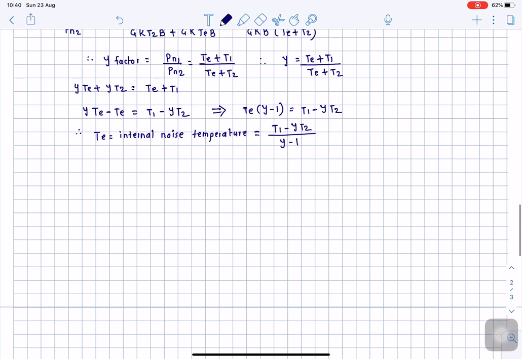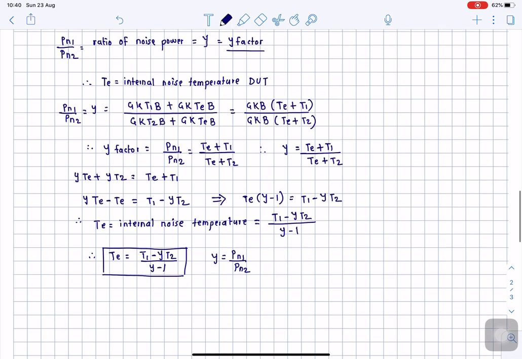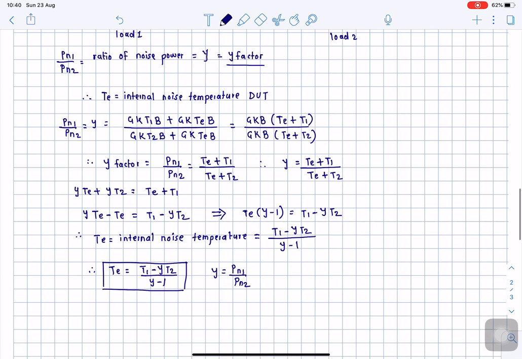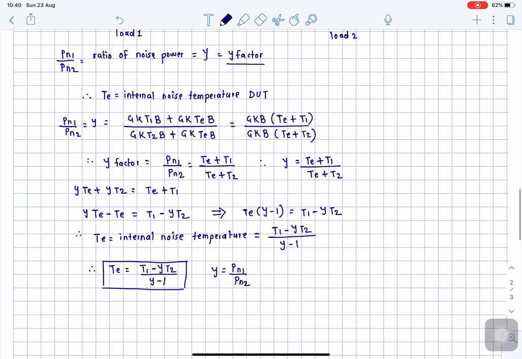Here Te, the internal noise temperature, is given by T1 minus Y T2 divided by Y minus 1, where Y is the ratio of Pn1 upon Pn2, the measured values of noise powers when the device under test is connected to two separate loads operating at two different temperatures, T1 and T2.